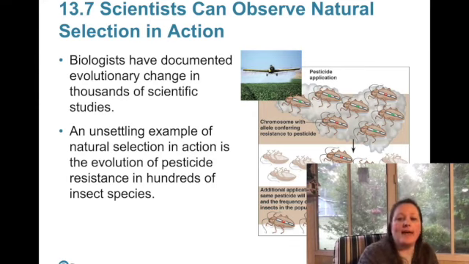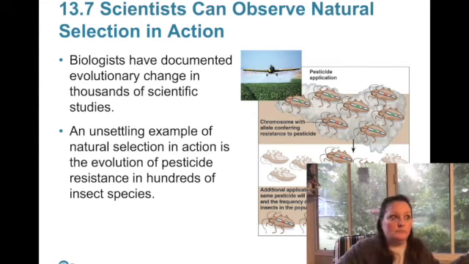All the ones that can't, die. What's left are the strong ones, the ones who can resist the pesticide. If all the ones that get killed off by the pesticide are dead, they can't reproduce, and the only ones that can reproduce are the ones that are resistant.